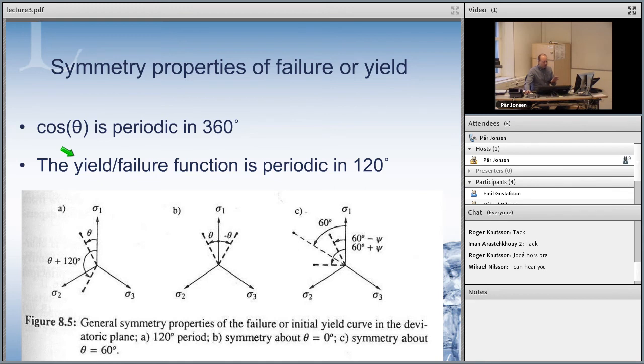This is now the projected axis. This is in the local system, in the deviatoric plane that we're working in now. And if you go around, because you have a polar coordinate system, you go into different positions. For example, this one: sigma 1, sigma 2, sigma 3. If you say that sigma 1 is always the largest one, sigma 2 is the second largest, and sigma 3 is the lowest principal stress.